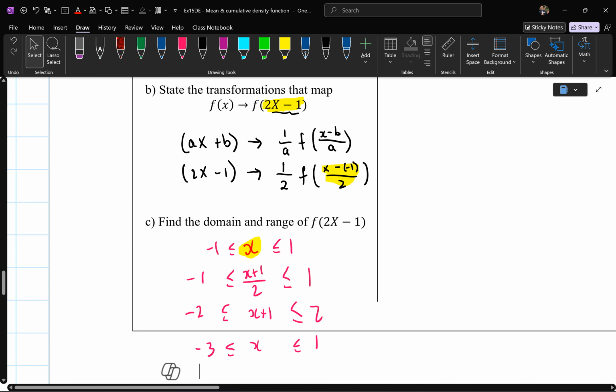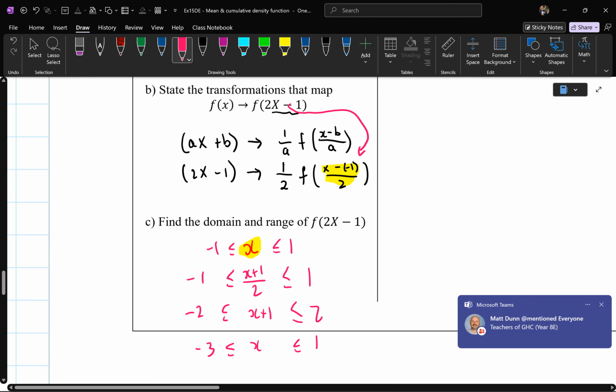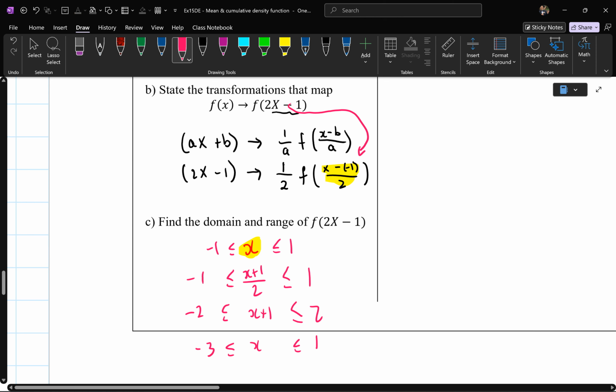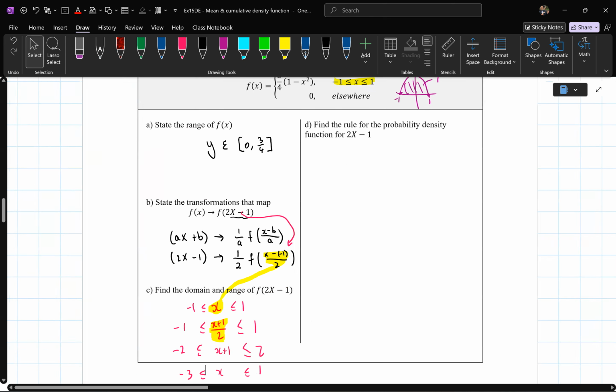Okay, so the transformation that was given to us, we now know that's the transformation that we're working with, and that deals with the domain. And you can see that as you apply the domain into that, if you replace it, you get -1 to 1, -2 to 2, and then -3 to 1. If you found the integration for it, it should equal 1.